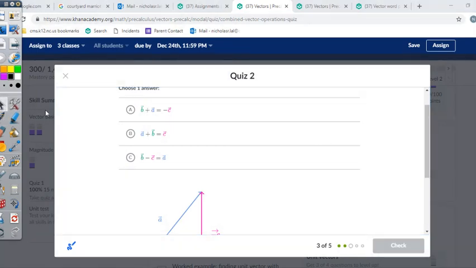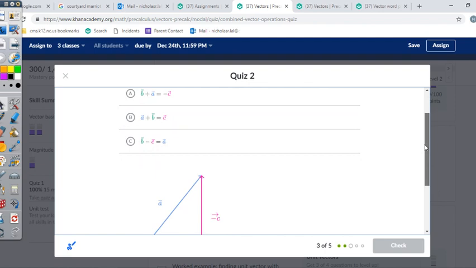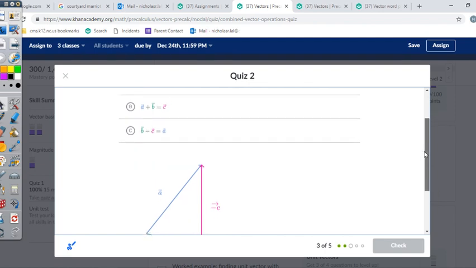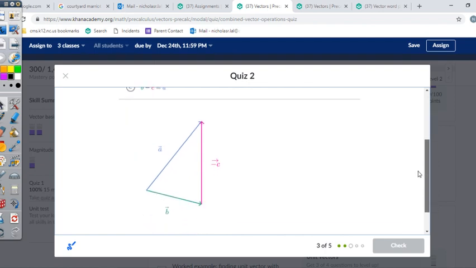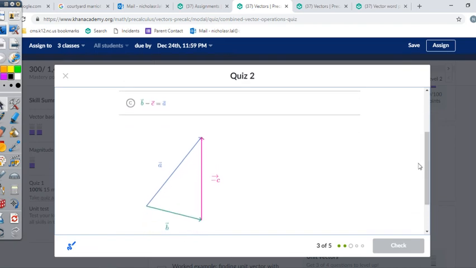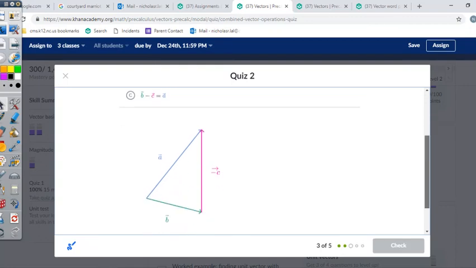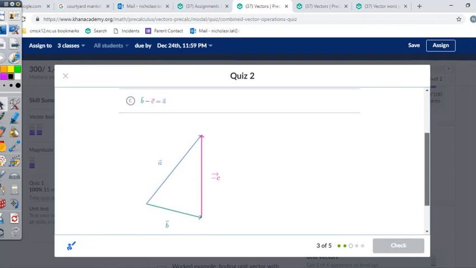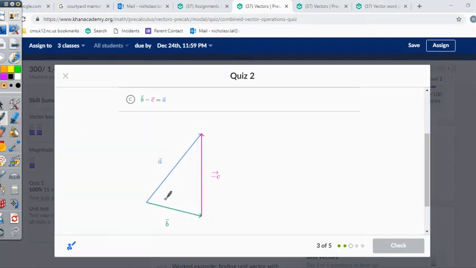Vector B plus vector A equals negative vector C. First off, if you were to add vector B and vector A, they would need to be aligned tail to tip instead of just starting at the same position.